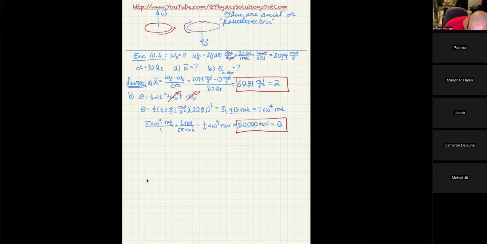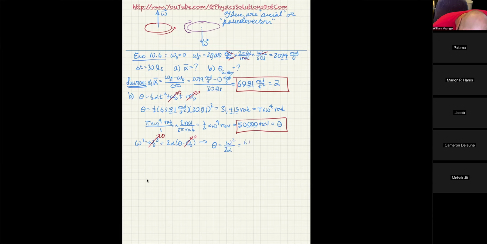As I said, you could have also used omega squared is equal to omega 0 squared plus 2 alpha times theta minus theta 0. If you did that, of course, the theta 0 would be 0, the omega 0 would be 0, and then we just get from that, that theta would be equal to omega squared over 2 alpha.